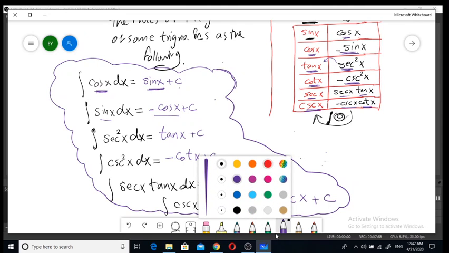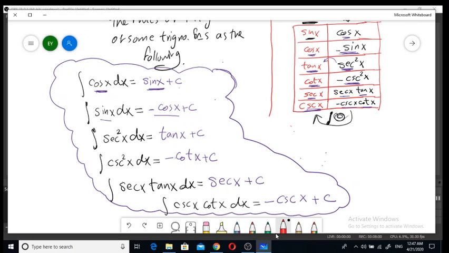You have to memorize these rules. And the integral of sec squared x will give us tan x. And the integral of cosec squared x is going to be negative cotan x, and the integral of sec x tan x will give us sec x plus c, and the integration of cosec x cotan x will be negative cosec x.